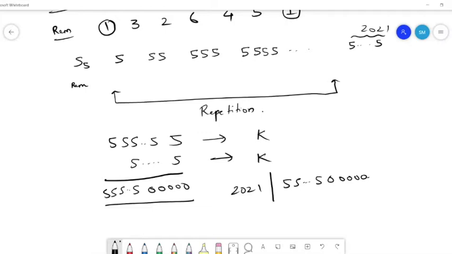So we know that 2021 divides this number, for some number of 5s and some number of zeros.